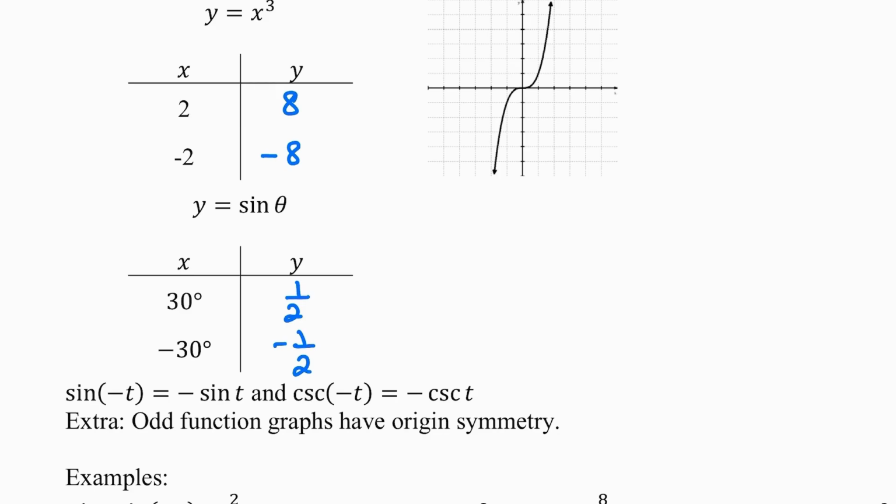Well, if sine is an odd function, cosecant is an odd function. Well, what about tangent and cotangent? Well, like I said earlier, cosine and secant are the only even functions. So that means sine, cosecant, tangent, and cotangent are odd functions.